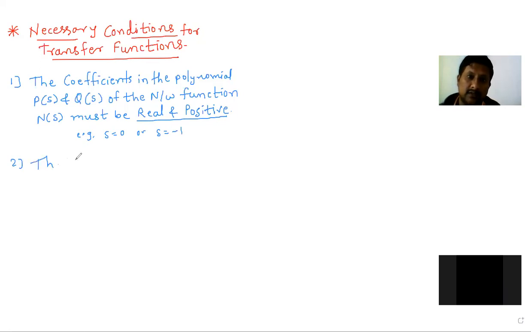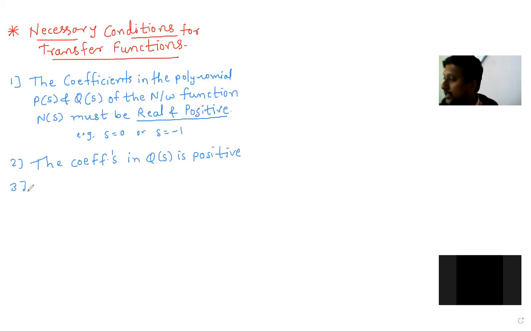Next, the second condition: the coefficients in Q of S must be positive. That is already given, but once again, because we are talking with respect to poles, the coefficients in Q of S are positive. Almost these are the same. Third one: complex poles and zeros must occur in conjugate pairs.